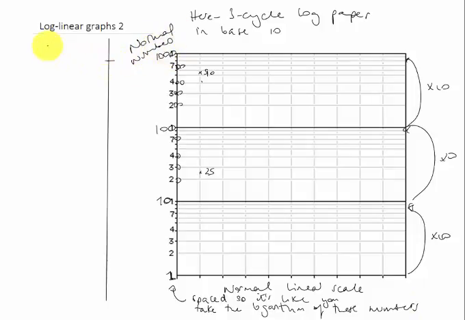Then we could also have an axis with the logarithms, so that would be 1, 2, 3, because that's 10 to the power 1, 10 to the power 2, 10 to the power 3. And so we can calculate some logarithms to prove that they are in fact evenly spaced out.